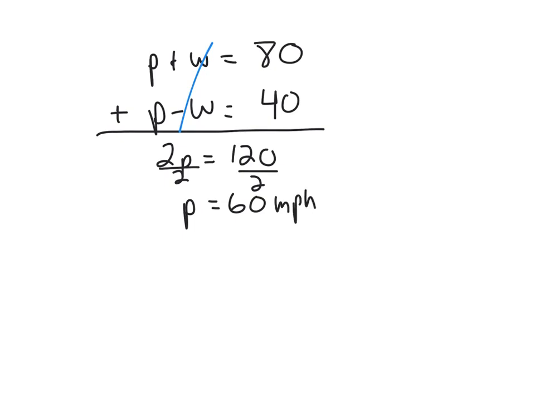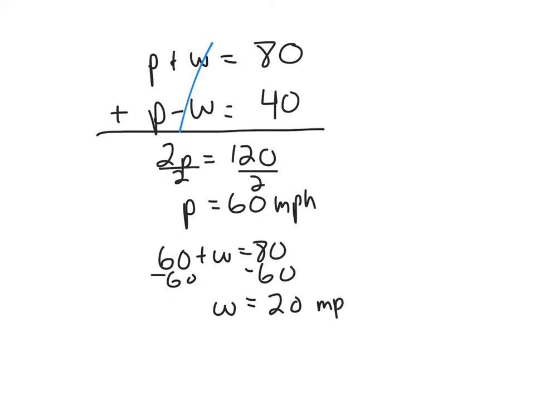To find out the speed of the wind, we can just plug this back into either equation. We'll do the first one. So 60 plus W equals 80. So by subtracting 60 on both sides, W would end up equaling 20 miles per hour.